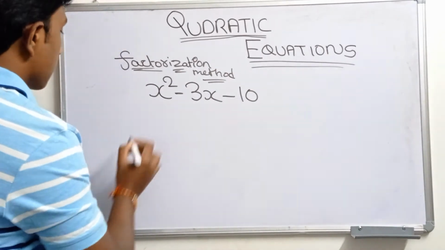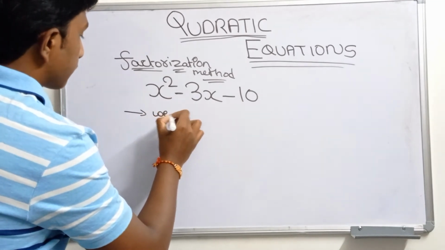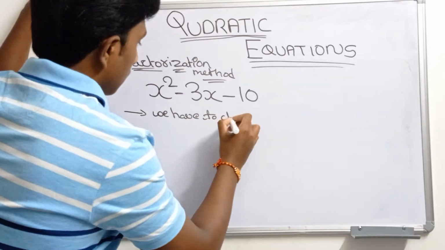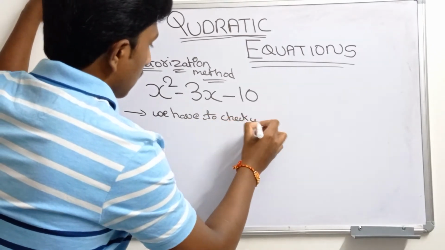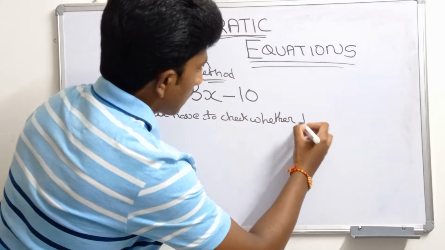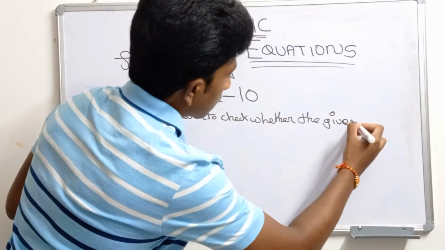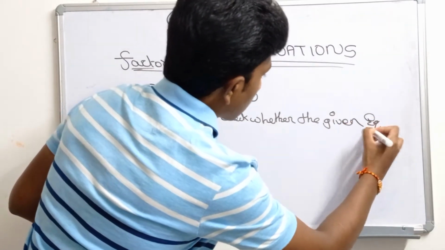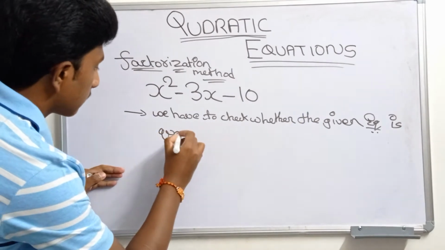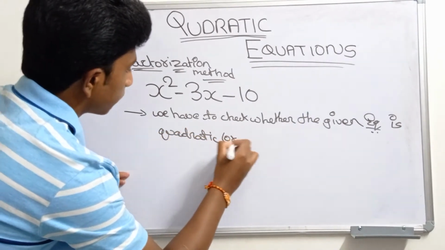In the factorization method, the first point is we have to check whether the given equation is quadratic or not.